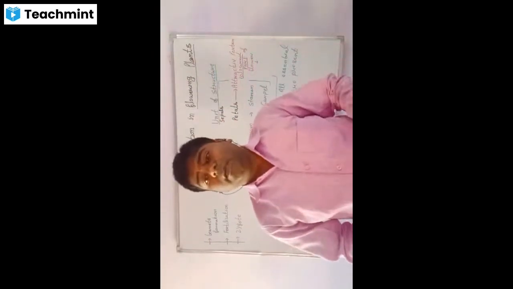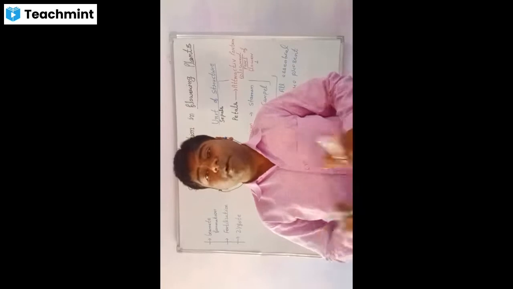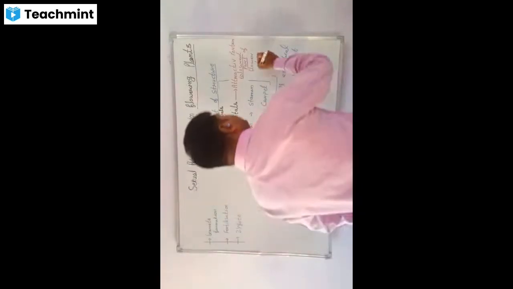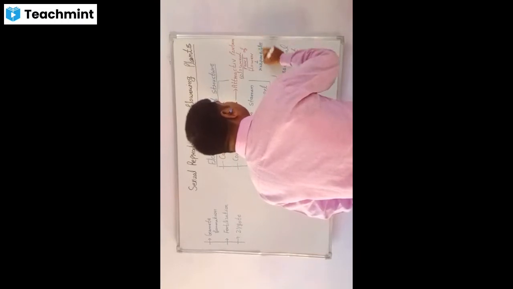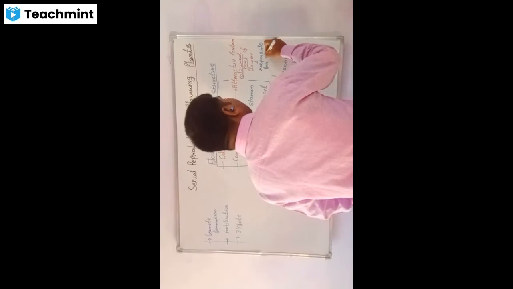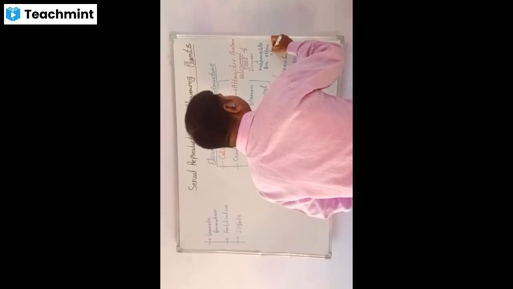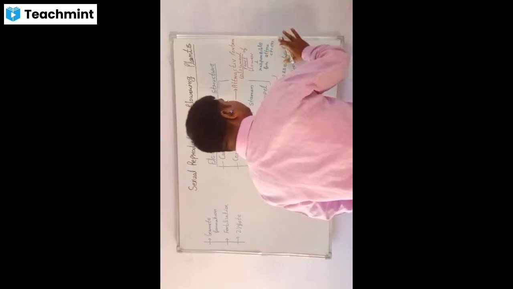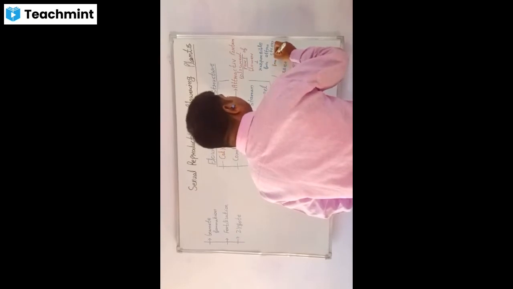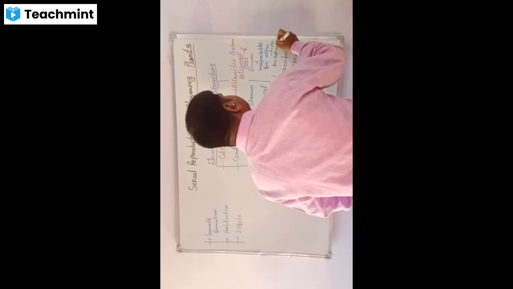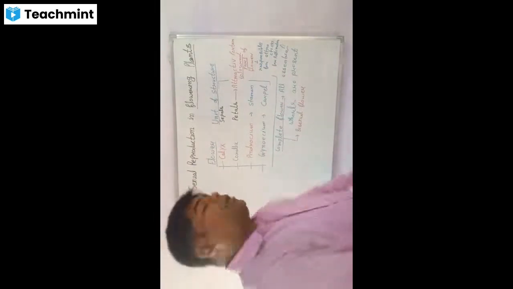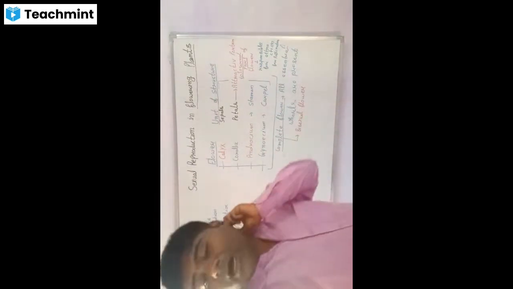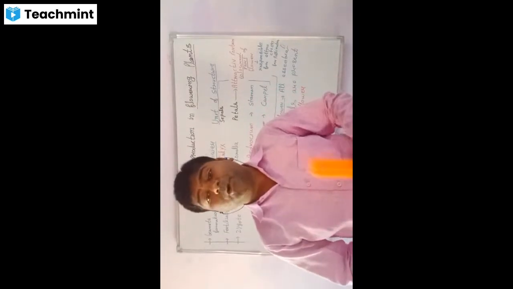This portion is responsible for attraction for pollination, and the organisms or agencies involved in pollination are called pollinators.